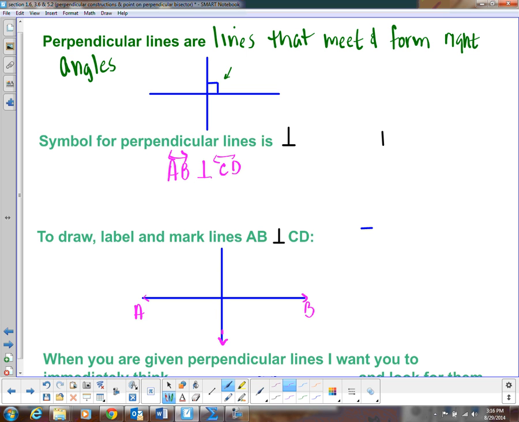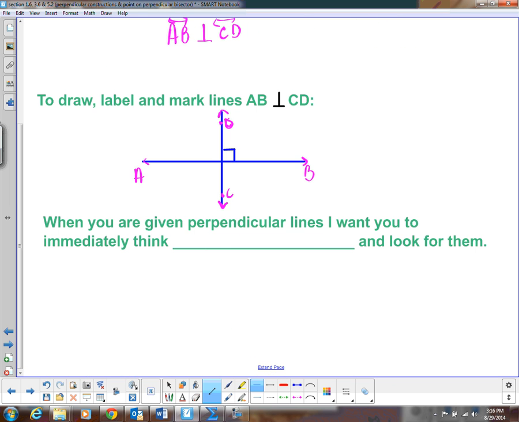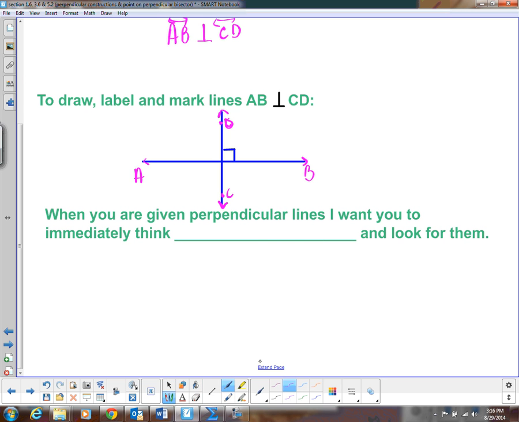We're going to make this C, D with a line, and now that's the label part. Now the mark part is where we put in this little square, and that little square means perpendicular. Draw, mark, and label. When you're given perpendicular lines, I want you to immediately think right angles, and I want you to look for them.